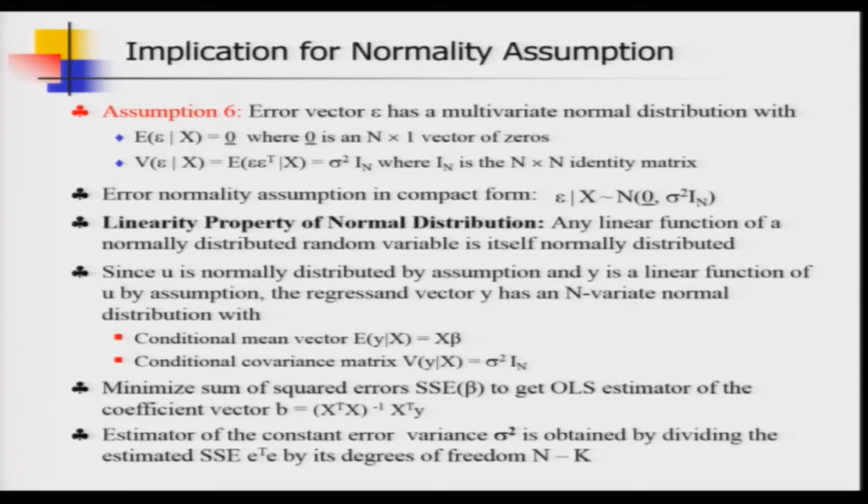That E you can now make use of to get the estimator for the unknown population error variance. You take that residual, square it, and sum the squared residuals over all n observations, and that is what E transpose E gives you in matrix form.